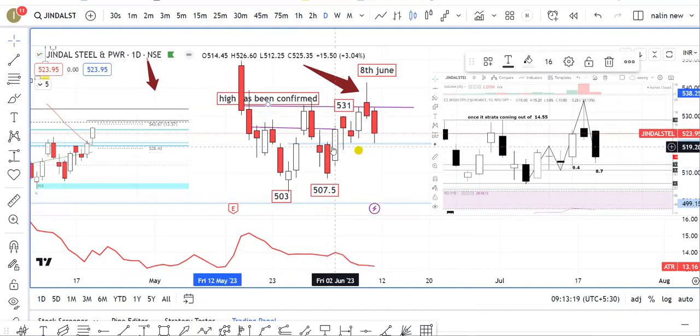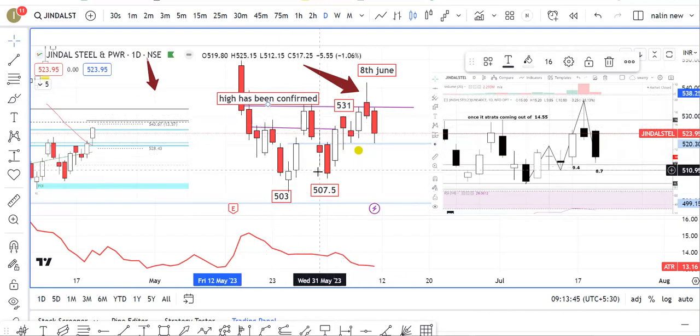After that, how many days has it taken? 1, 2, 3, 4, 5 days. It made an attempt to make a higher high compared to the 535. It made a high of 543.